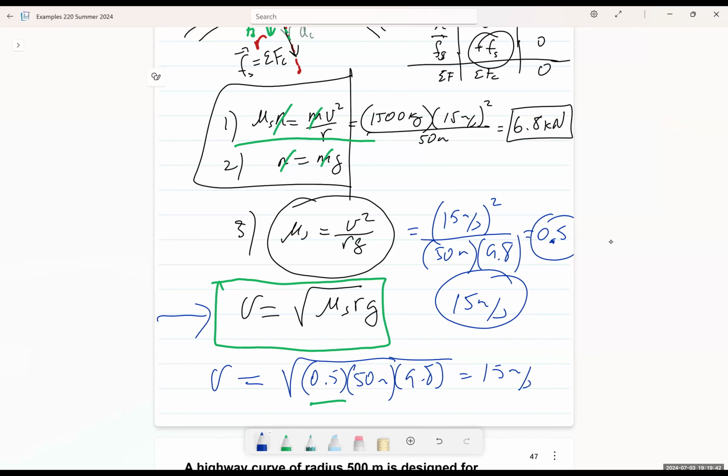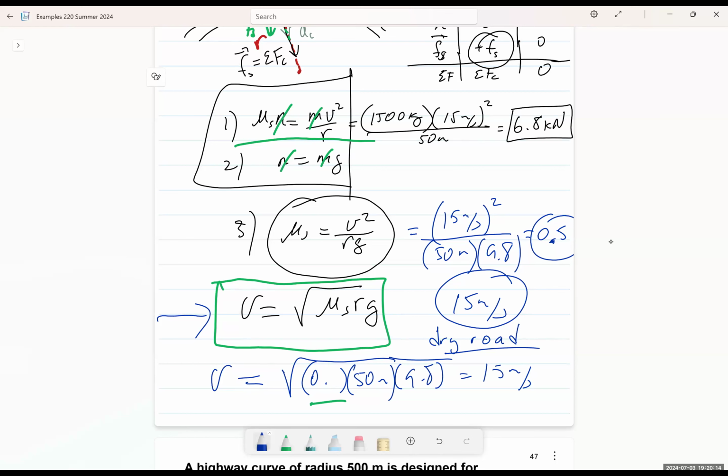The problem here is that this coefficient of friction of 0.5 is for a dry road. What if weather conditions are a little bit different? What if it starts raining or snowing, or there's an icy road? Then the coefficient of static friction will significantly go down. If it's raining, this coefficient can be maybe 0.3, or if it's icy, it can be even 0.1 or 0.2.